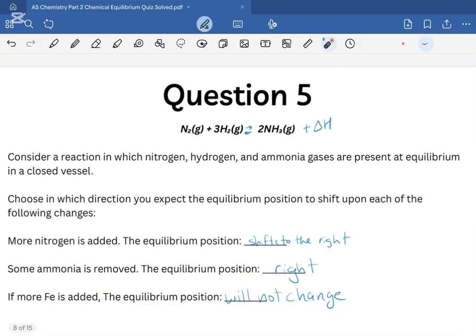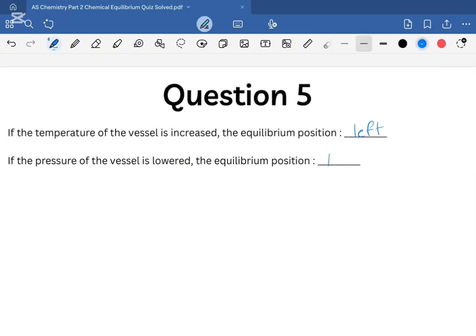Over here I have 4 moles of gas, here I have 2 moles, so it's going to go towards the side with more moles, which is also the left. So this answer is also left.